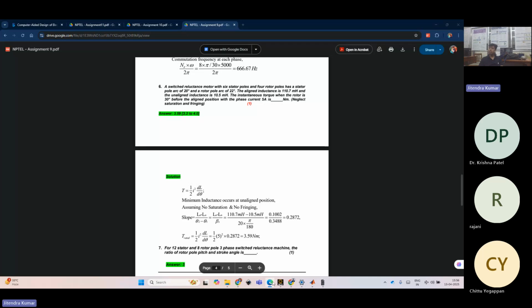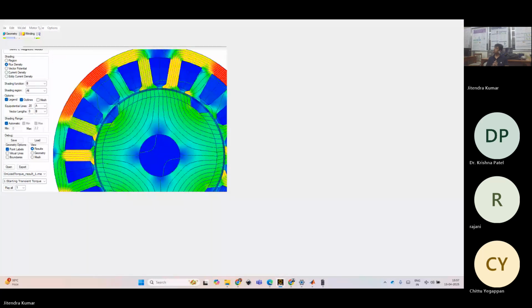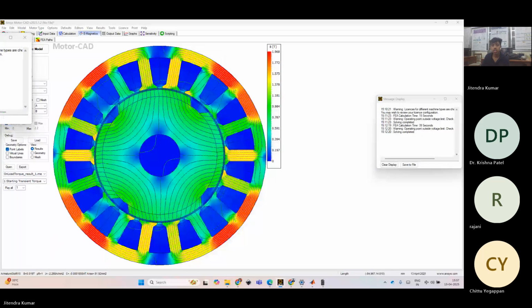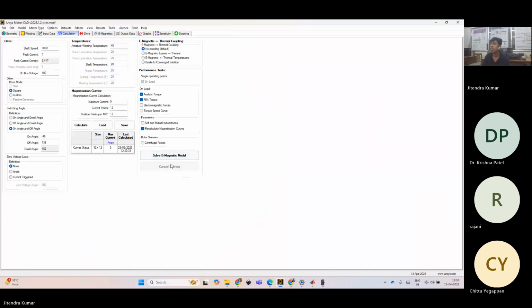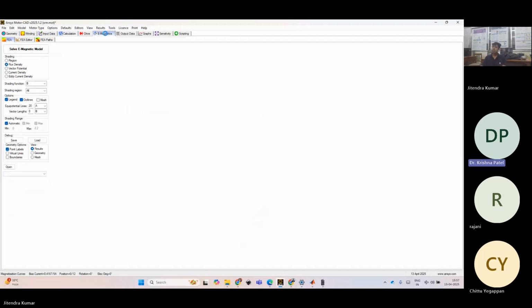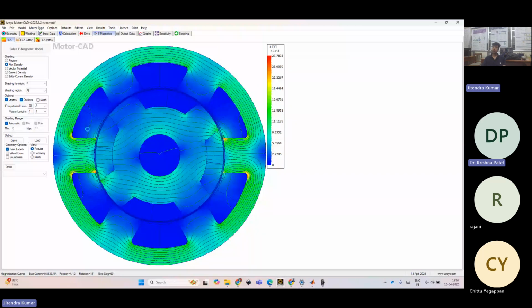Do I have any SRM examples? I'll tell you. dL by d theta, I think it should be 1.25. dL by d theta should be 1.25.